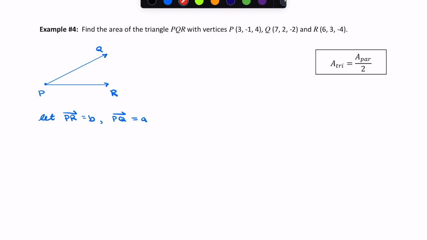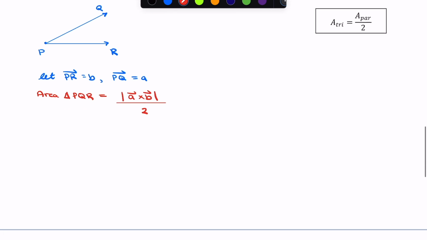Therefore, we see that the area of the triangle PQR is equal to the cross product of A times B divided by 2.